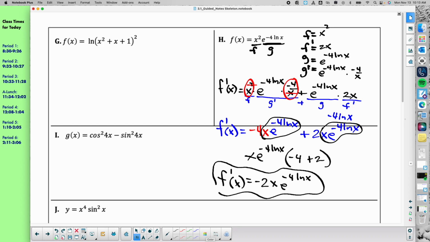So this would be the simplified answer. Should you bring the e to the negative 4 ln of x to the bottom as a denominator to make it positive? That's a good question. I'm completely unsure how they would write that.